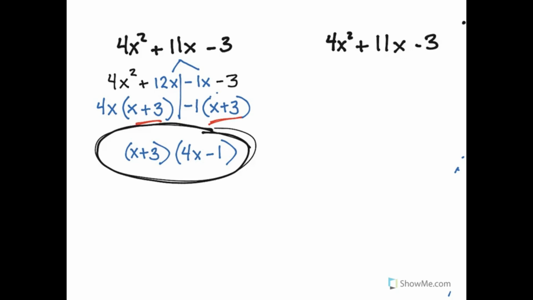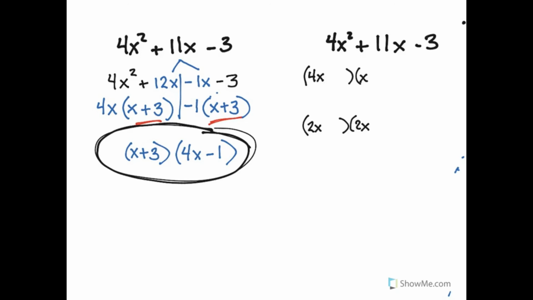If I'm using trial and error, I have a few more combinations in this instance because 4 is not prime. So it could come from 4x times x, but it could also come from 2x times 2x. So I have to try those possibilities as well.